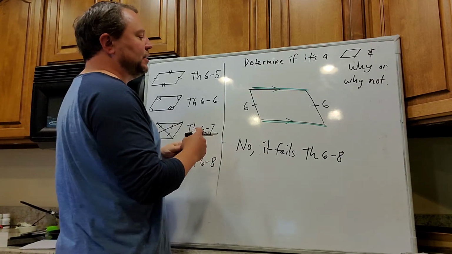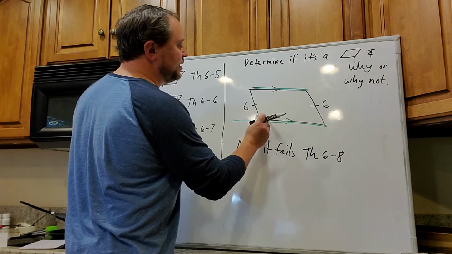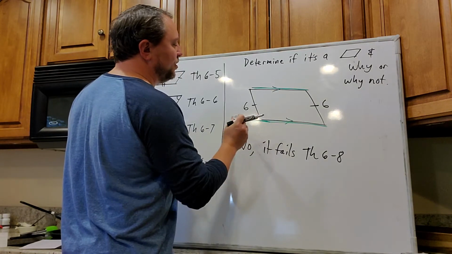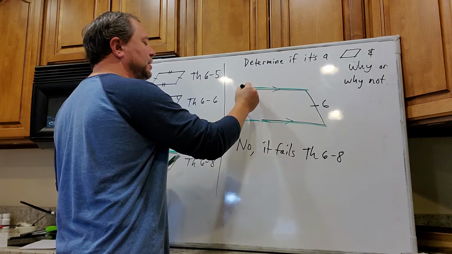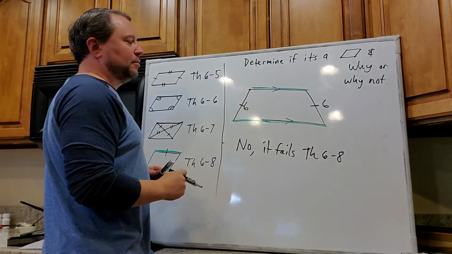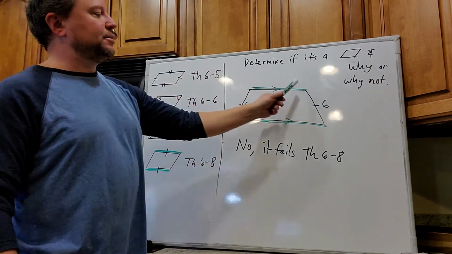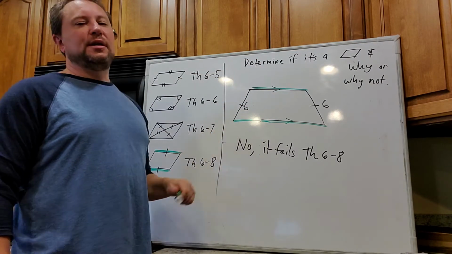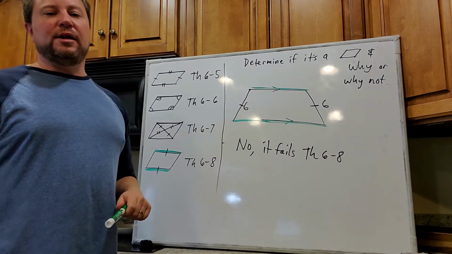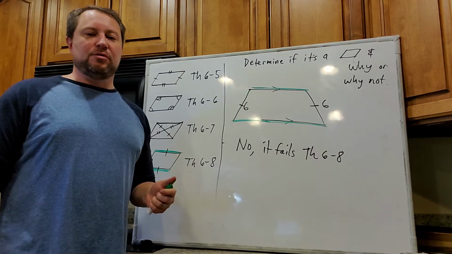You know, what if I did this? What if I extended this out a little bit further, and that 6 length right here, what if I ran it like that instead? See that? 6, 6. Okay, these are still parallel. Do you see it makes what we talked about earlier, that isosceles trapezoid?